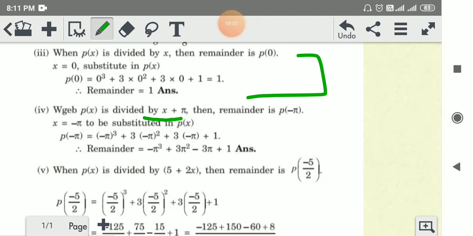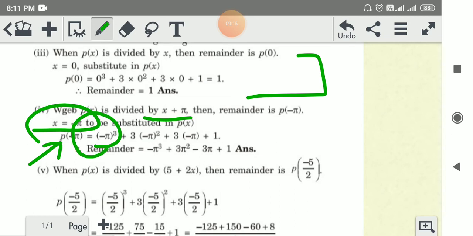Here x plus pi, so the value of x is equal to -pi, and we put it in these equations. Here x cube, so put -pi cube. Here 3x square, so 3 pi square. Here 3x, so we are putting -pi, and the remaining 1.